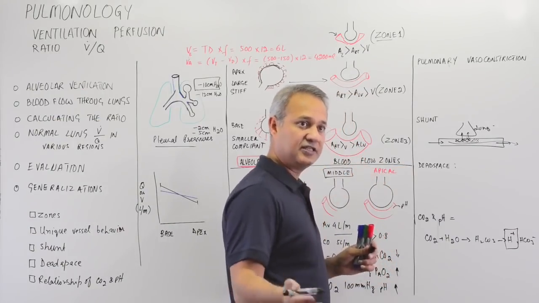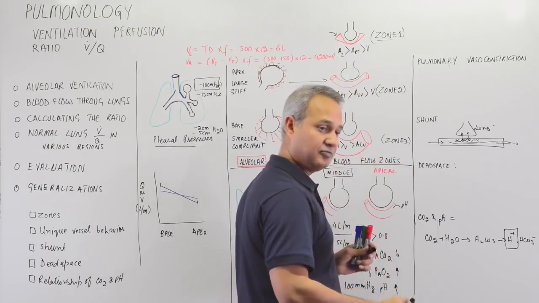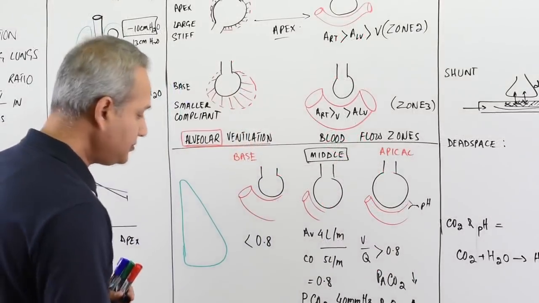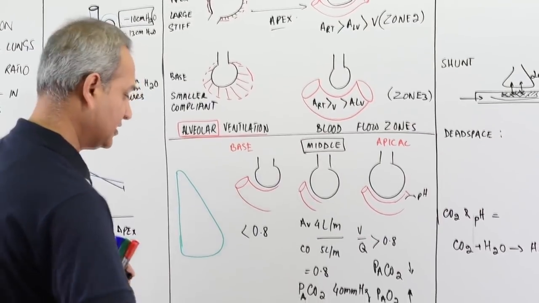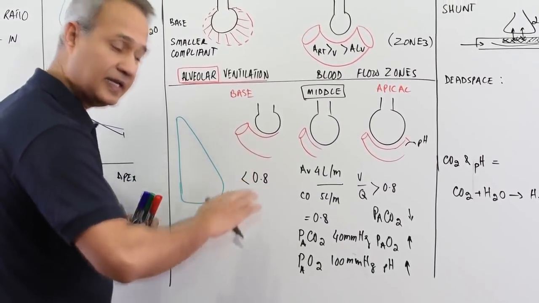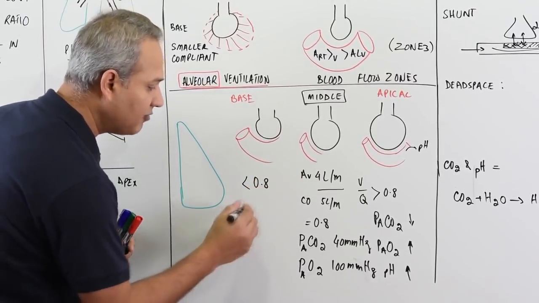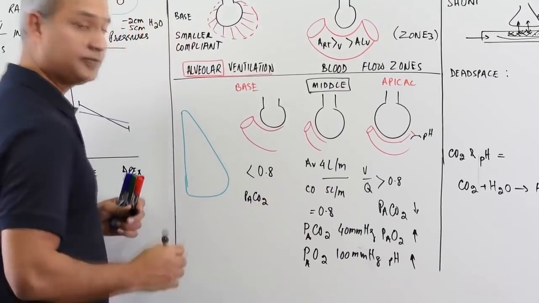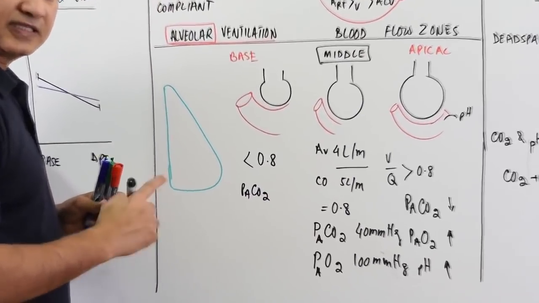Blood is shunted, and this is a right to left shunt because the blood from the right side is coming in and going to the left side, coming into the lung and then going to the left side. So the result is the VQ ratio is lesser than 0.8. Now what do you think would happen to the alveolar carbon dioxide in this case?